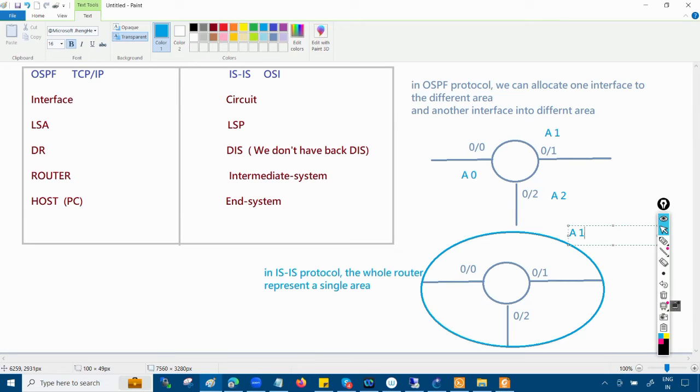Think about it from the scalability perspective. Can you form the neighborship in OSPF this way? Is it possible? Is it possible to form the neighborship this way?